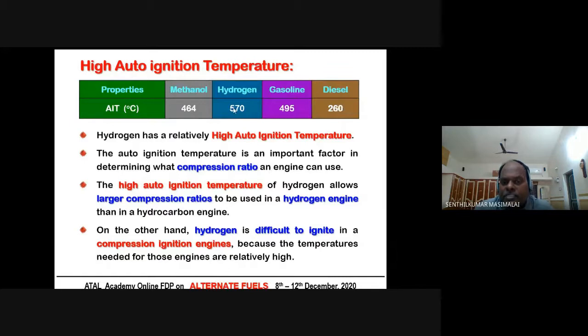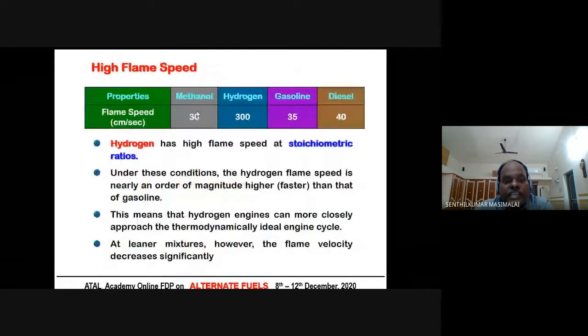Whereas if you use hydrogen in the diesel engine, hydrogen cannot be combusted because the self-ignition temperature is very high compared to diesel or any other fuels. So auto-igniting the hydrogen is very difficult. But with the help of a small ignition source, we can easily ignite it.